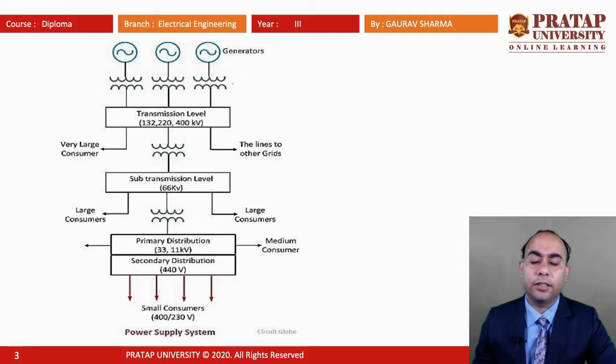So here is the structure of our power system. The electricity we generate at our generating station, which may be a thermal power plant, a nuclear power plant, or a hydro power plant. The generation is at 11 kV, and after that the voltage is stepped up to 400 kV, and then that voltage is transmitted.